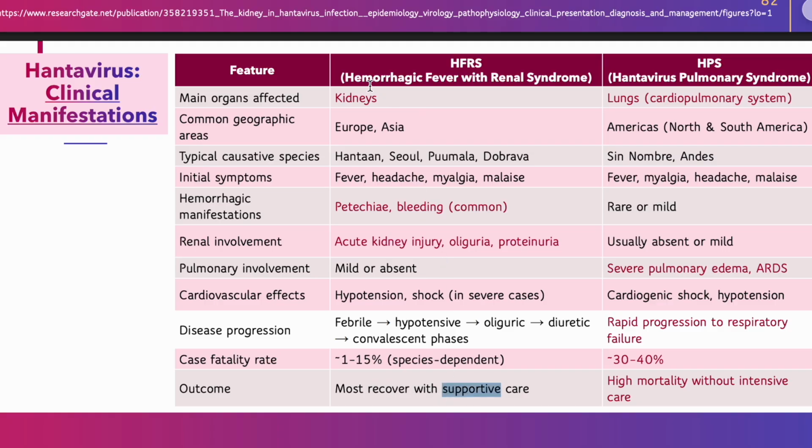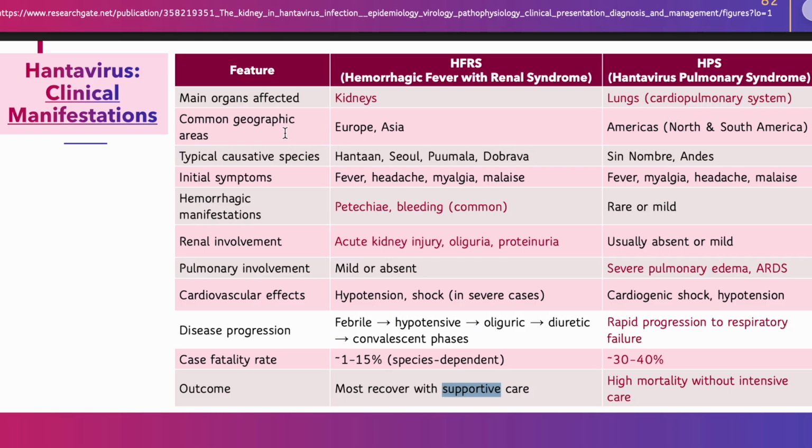It happens in the kidneys, as the renal syndrome in the name suggests. HPS is pulmonary, so you can assume the main organs affected are the lungs or cardiopulmonary system.